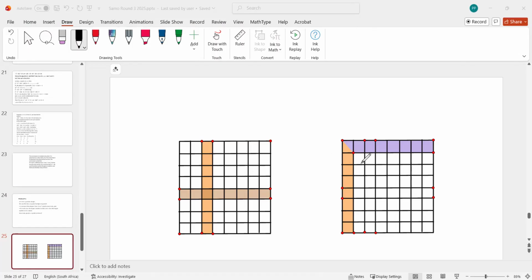All you do is shift this to the extreme right, and shift that one to the top of the column, right? And you will have exactly the same squares. You see, there's one square which is common to both here, and here too there's one square common to both, right? And it'll be the same count.